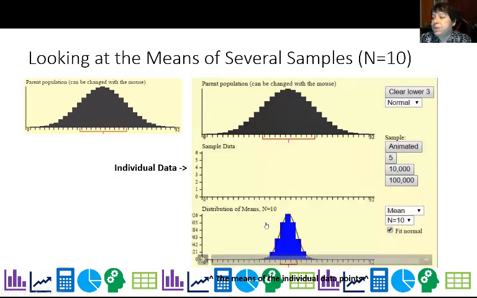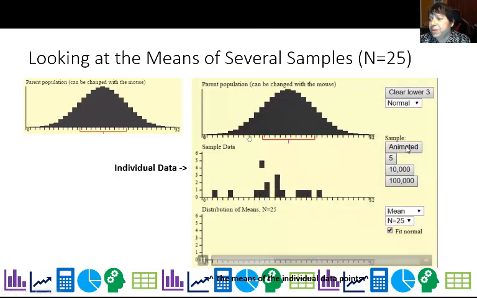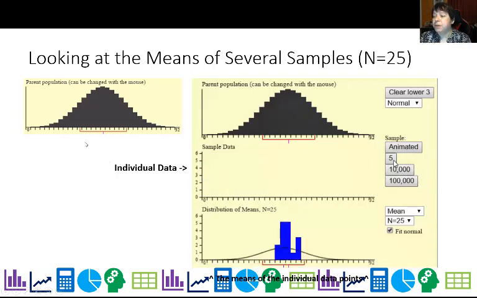So you tend to have a much tighter distribution with sample size 10, and with 25, it's going to be even tighter, because the probability of me even getting all of them in this area, even if I go with a wider area, is pretty low. You can see it's hard for me to miss it. And as I increase the sample size, the distribution looks normal and the spread is narrower.